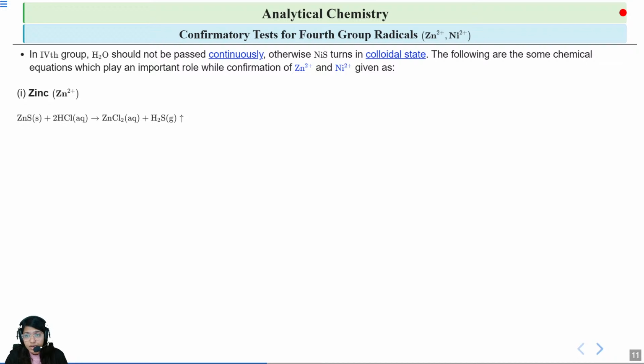Zinc sulfide, ZnS, is soluble in dilute hydrochloric acid, HCl, and it forms zinc chloride and produces H2S gas. The resulting zinc chloride, ZnCl2, gives zinc hydroxide, Zn(OH)2, when sodium hydroxide is added in limited amount. A white precipitate of zinc hydroxide appears in this step.